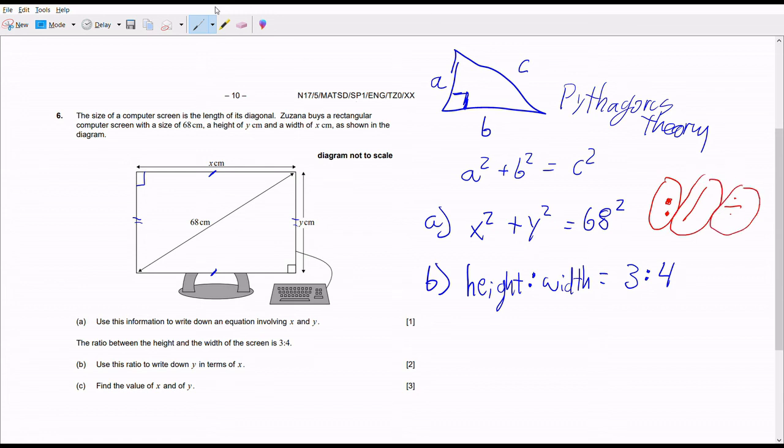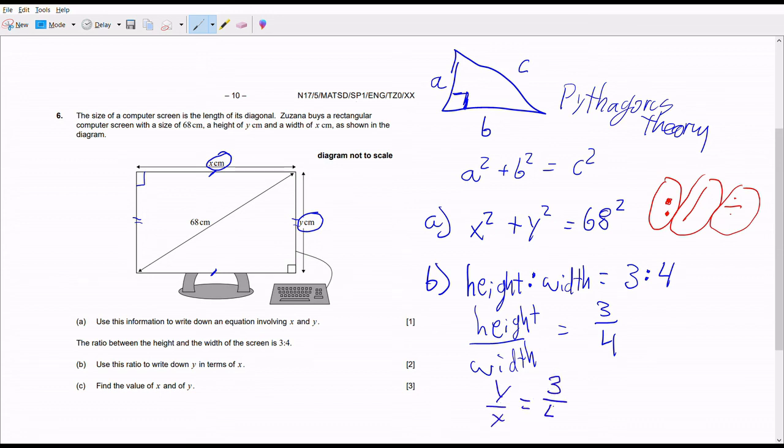Okay, so plugging that in, we can have that the height divided by the width is equal to 3 over 4. Okay, and now we replace height for y and width for x. We have y over x equals 3 over 4.